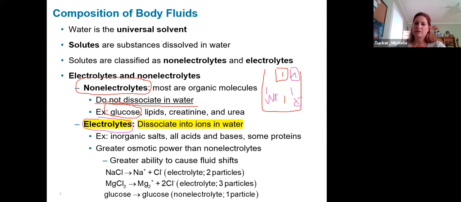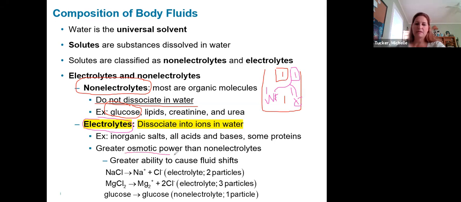Okay, so the salt has dissociated into a sodium ion and a chloride ion. And the reason why this becomes important is because of osmotic power.